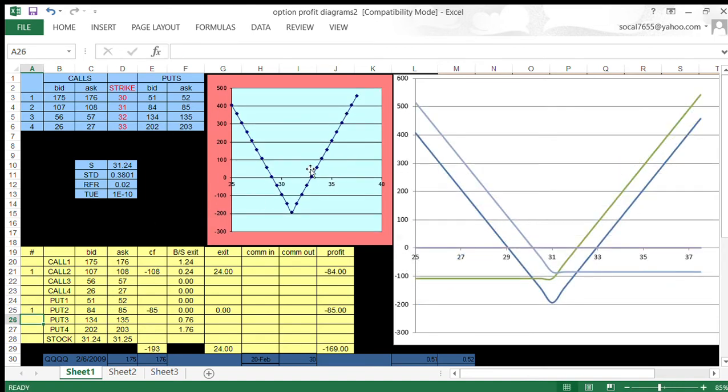Okay, long straddles are kind of interesting in that you would set one up if you didn't know whether the stock was going to go up or down, but you thought it was going to move one way a lot. A good example of this would be just prior to a biotech firm announcing the results of a trial, and maybe even more precisely, when the FDA announces whether it will grant the firm a license to promote and distribute the drug.